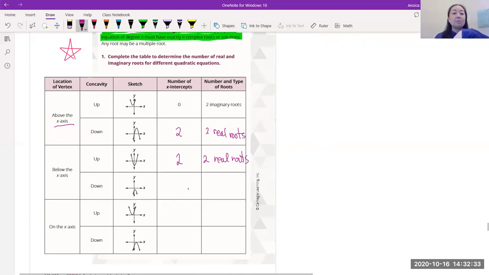But if it's open down, we would have 0 x-intercepts, and it's 2 imaginary roots. And what if it's right on the x-axis? Then it's 1 x-intercept, and we would just say 1 double root. I guess we could say 1 real double root, although it kind of assumes that. But anyways, same thing with this one, 1 real double root.